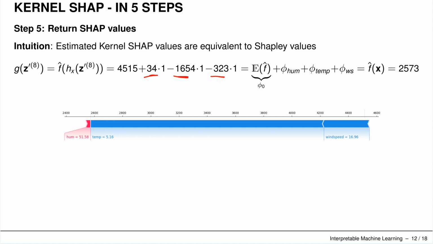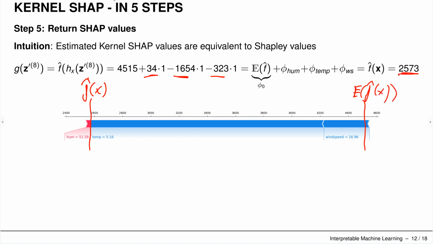And we can plot that in a nice way. So we see here the actual prediction of our observation, this is f hat of x, so this value, and we get here our expected value of f of x, so that's the average prediction.